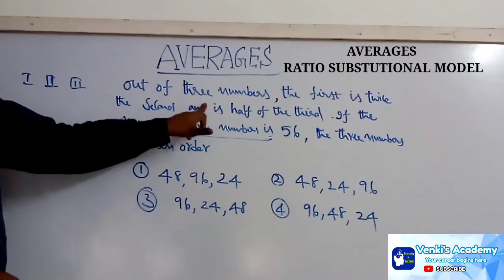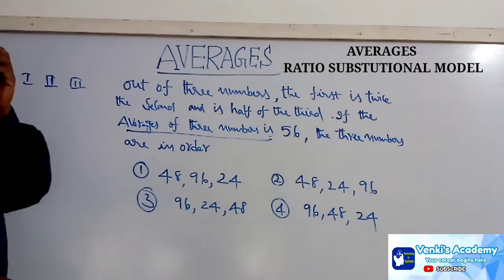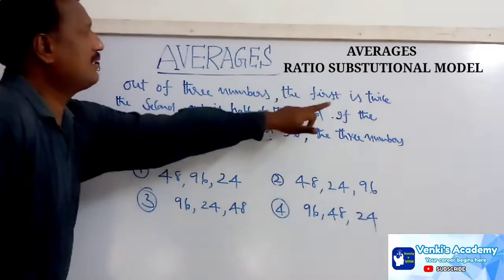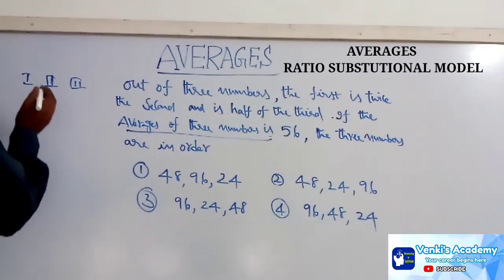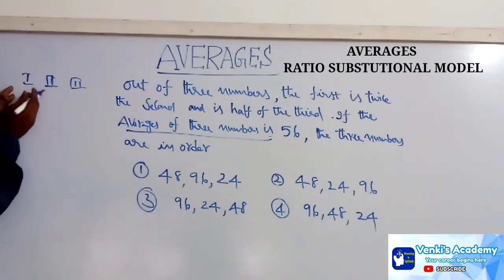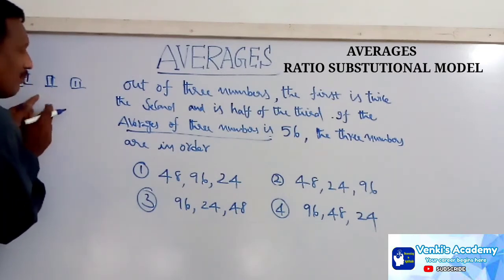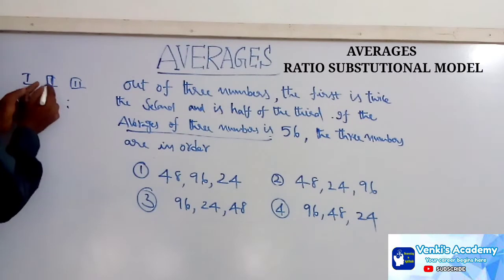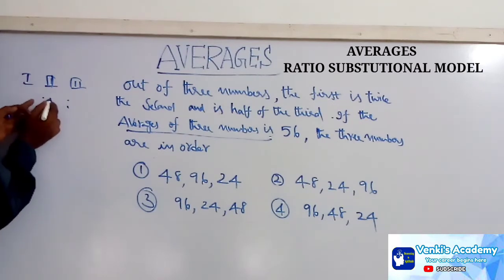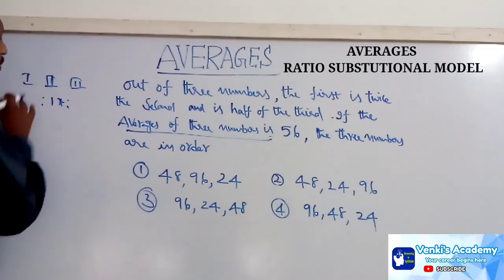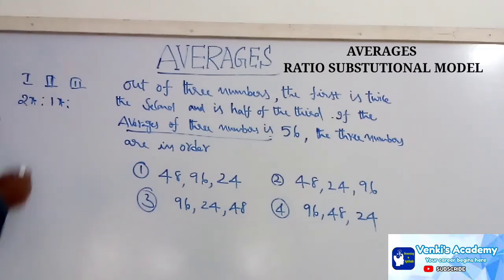Out of three numbers, 1, 2, 3, there are three numbers. The first is twice the second. Now he is expressing about the first number. This first number is double the second number. Suppose we consider the second number as one part, that means 1x. The first number is double, so 2 parts.